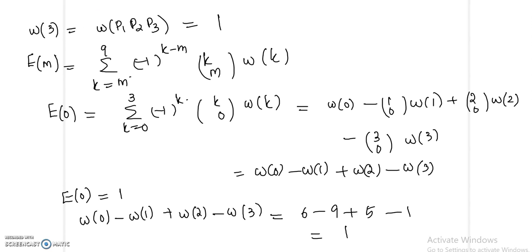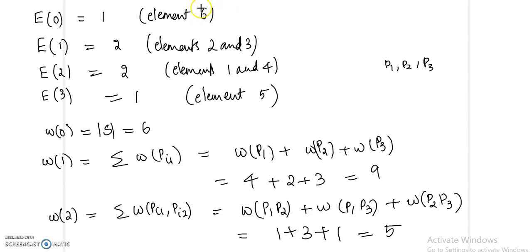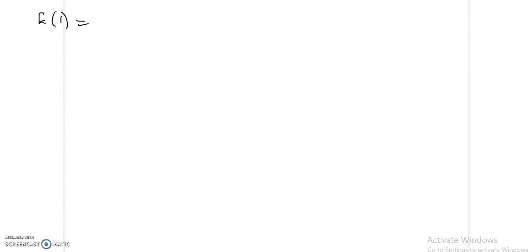Okay, and next we have E of 1. So E of 1 is 2, and let us look at the summation k equal to 1 to 3, minus 1 whole raised to k minus 1, kC1 omega of k.